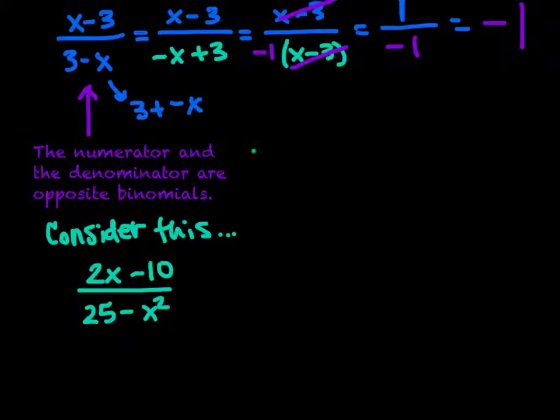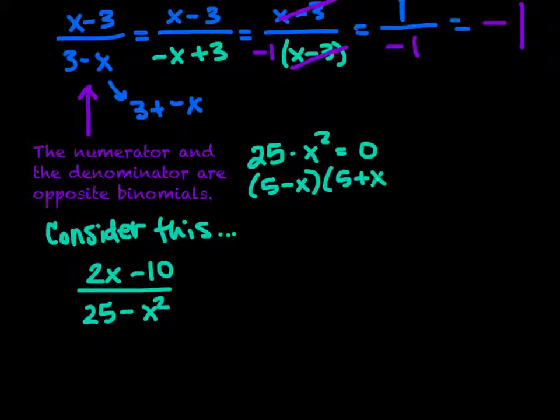What are our excluded values? We have 25 minus x squared, and we're going to set that equal to 0. We can rewrite 25 minus x squared as 5 minus x times 5 plus x and set that equal to 0. So x could equal a negative 5 or a positive 5. We're going to hold that in our back pocket for later. That's going to be part of our answer.